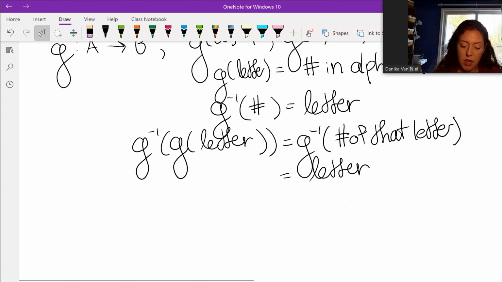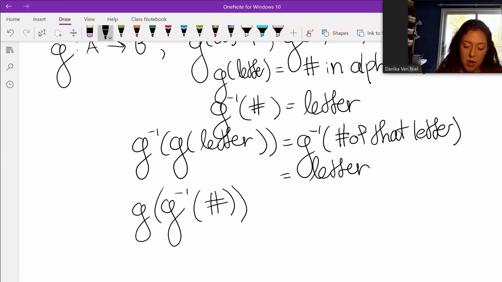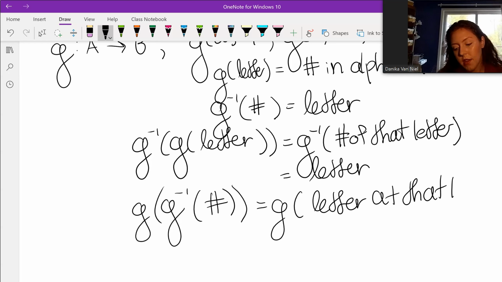And then if we have a number, we would get G of the letter at that number in the alphabet, and then that would just give us that number. Boom, roasted. So we prove that that is the inverse, in fact. So you would want to write a conclusion.